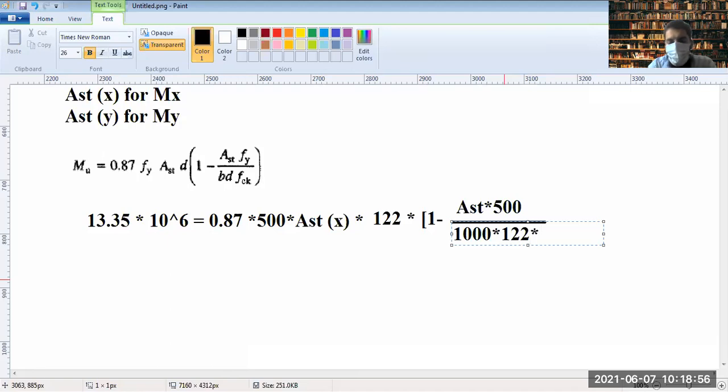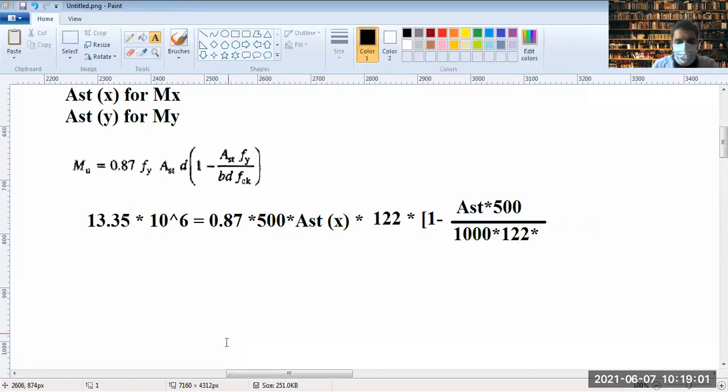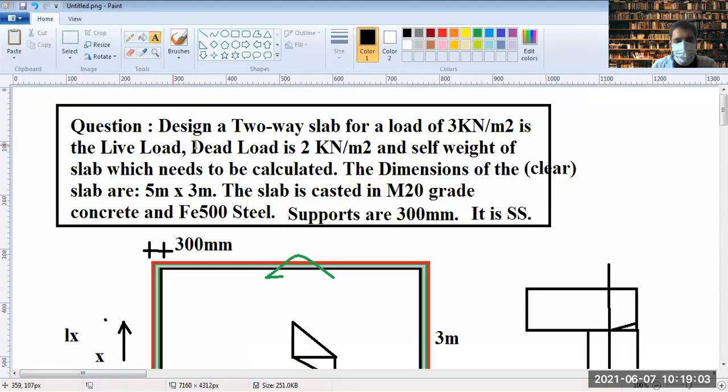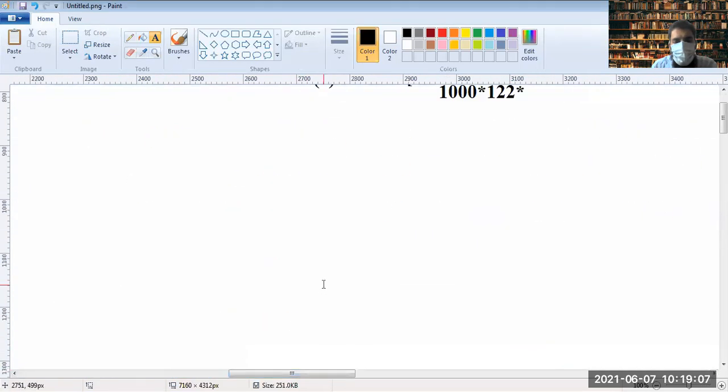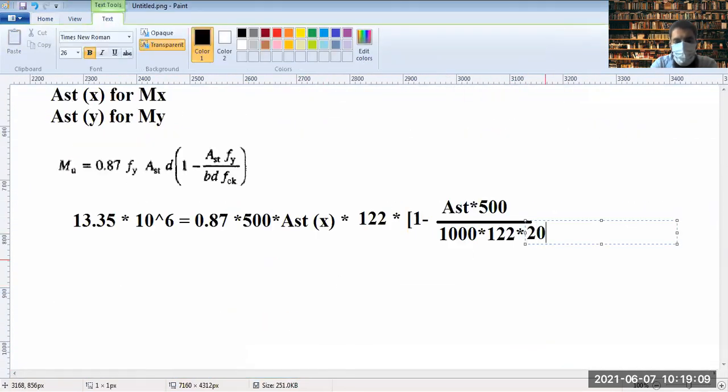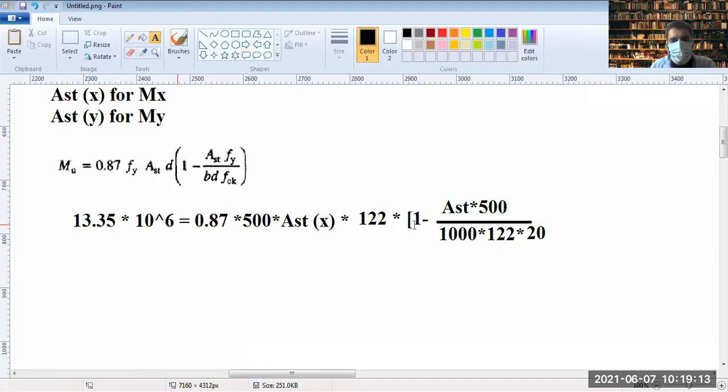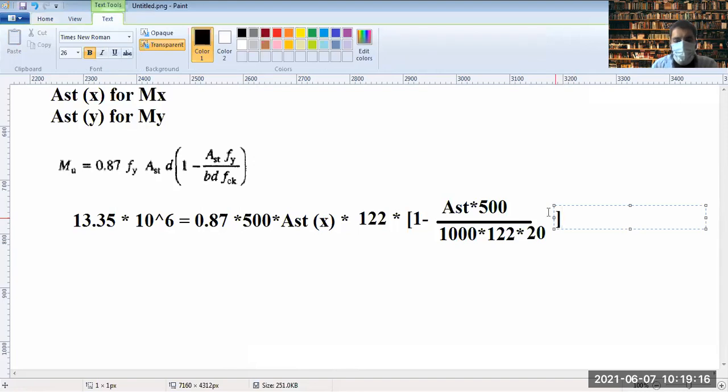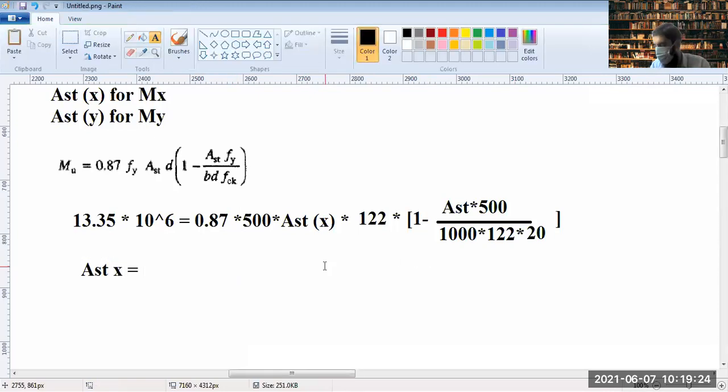Now your FCK is 20 or 25? 20. This is 20, and what would be the value of ASTX now? Calculate from this at your own places.